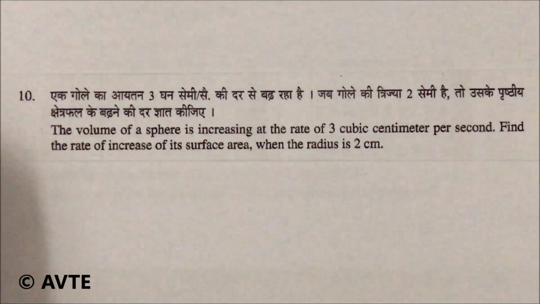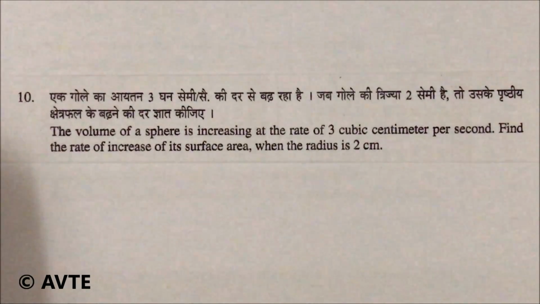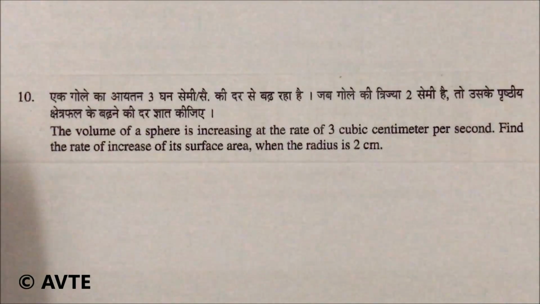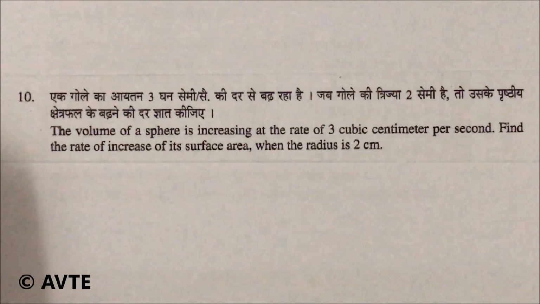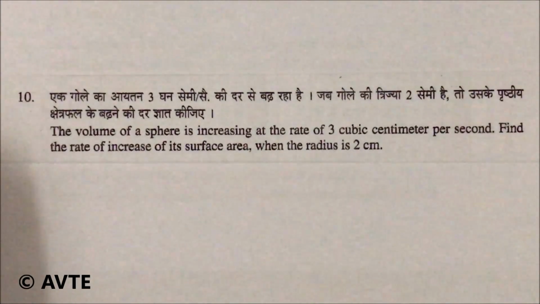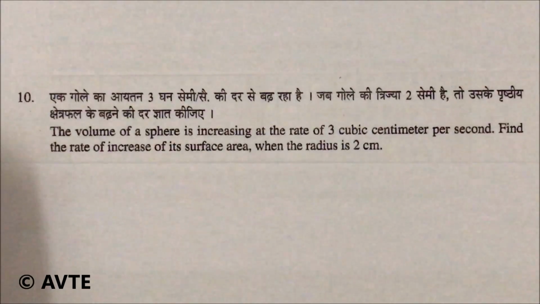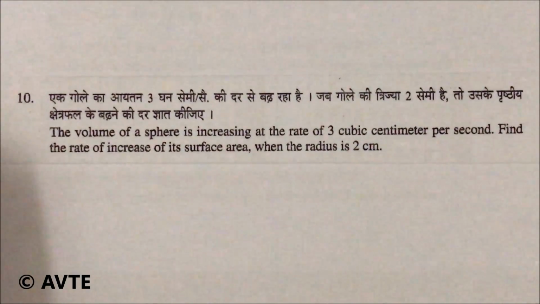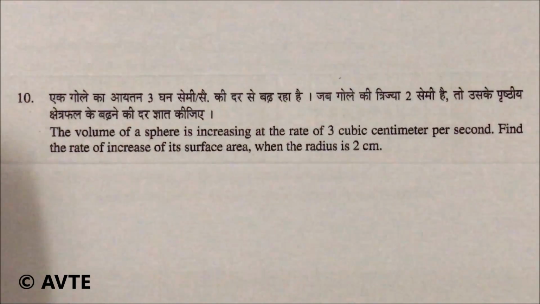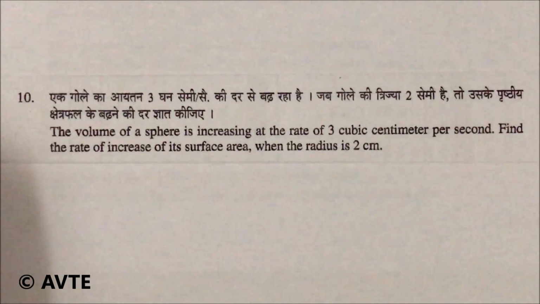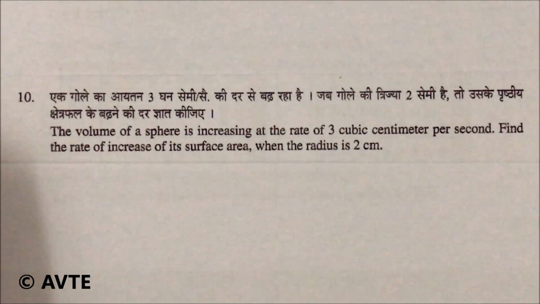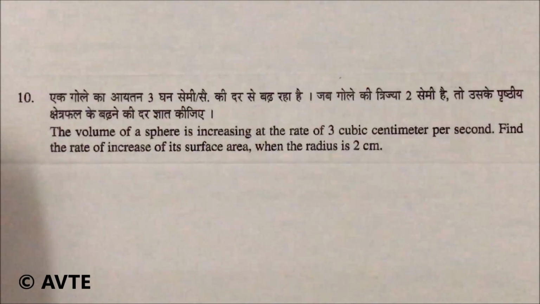Question number 10. The volume of a sphere is increasing at the rate of 3 cubic centimeter per second. Find the rate of increase of its surface area when the radius is 2 centimeter. For this question, we are given the change in volume and we have to find the rate of change of surface area.